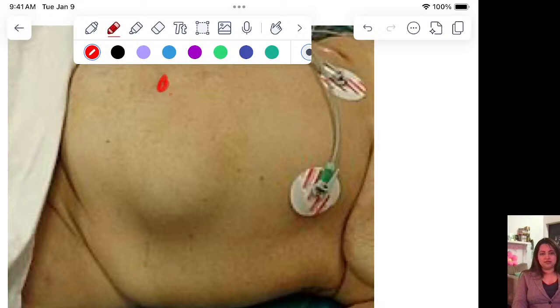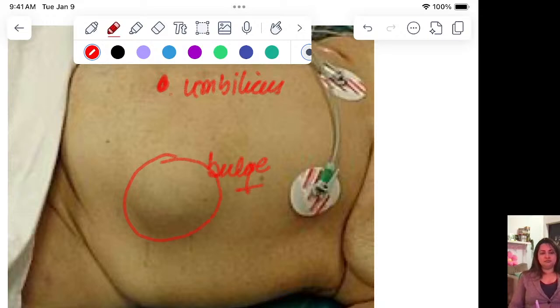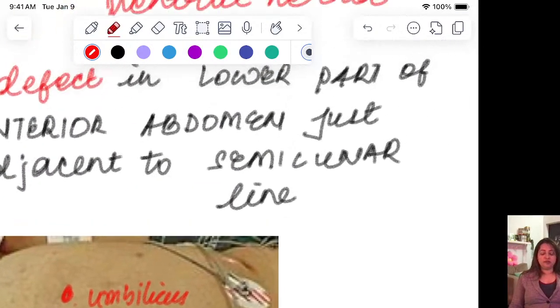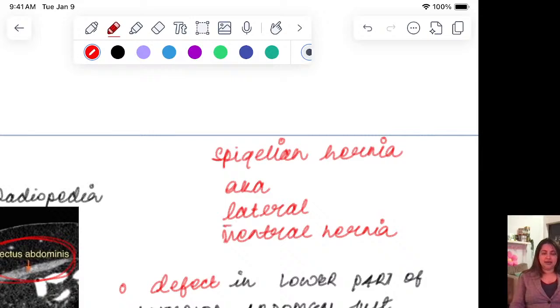It is not central. This is the umbilicus. Here you are able to appreciate a bulge, on the side. So this is a lateral defect, a lateral ventral hernia, which is also known as the Spigelian hernia.